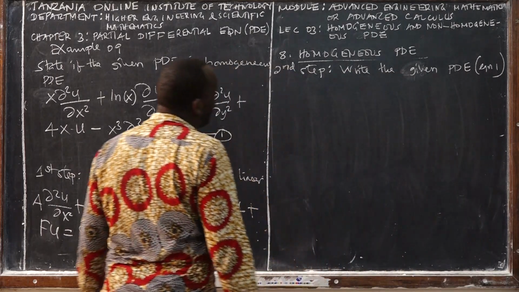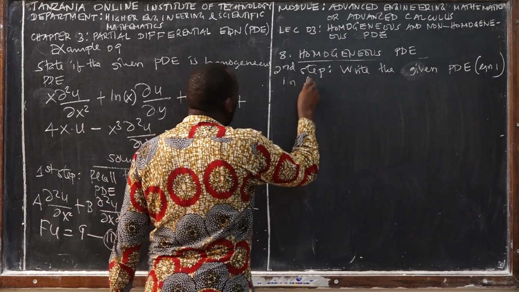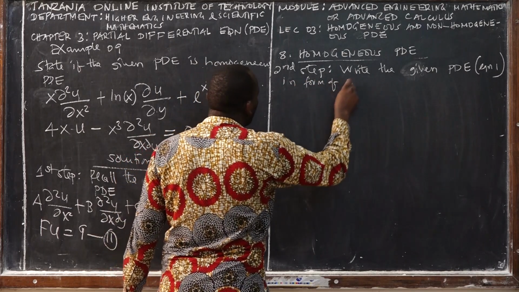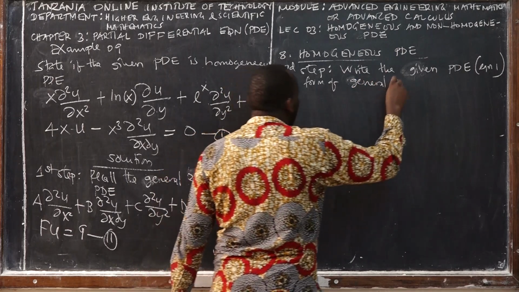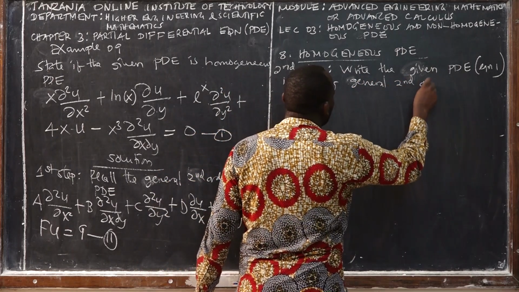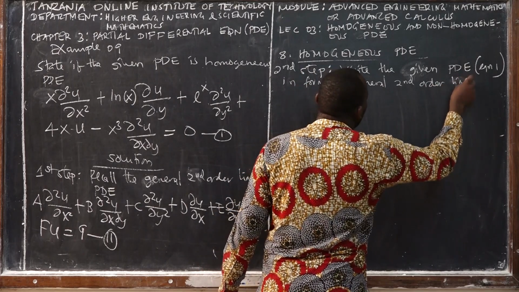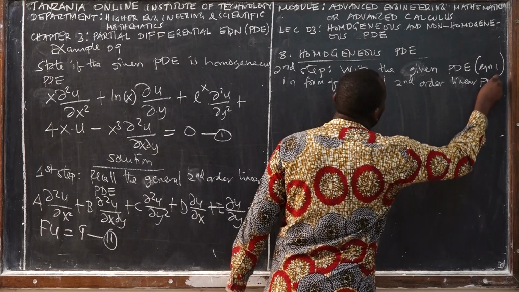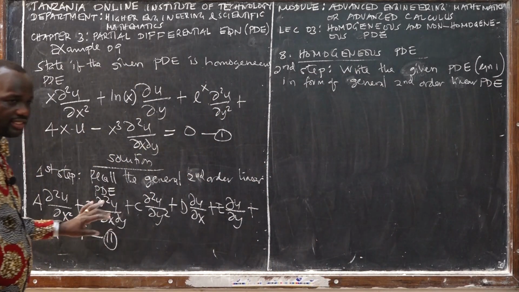Write the given partial differential equation in the form of the general second order linear partial differential equation. What does it mean?